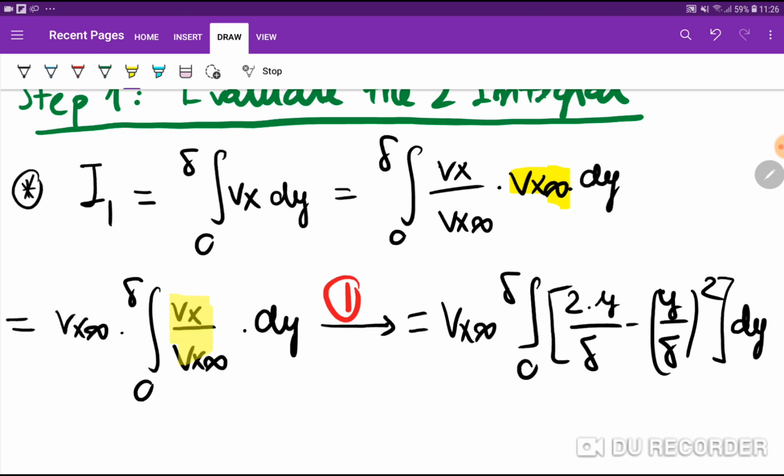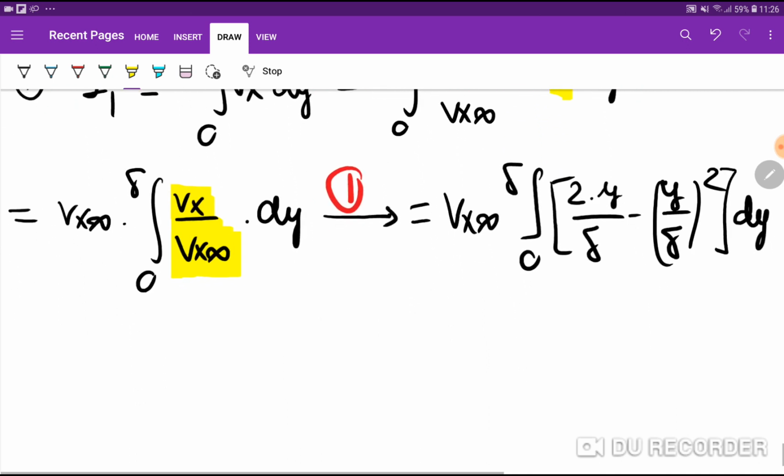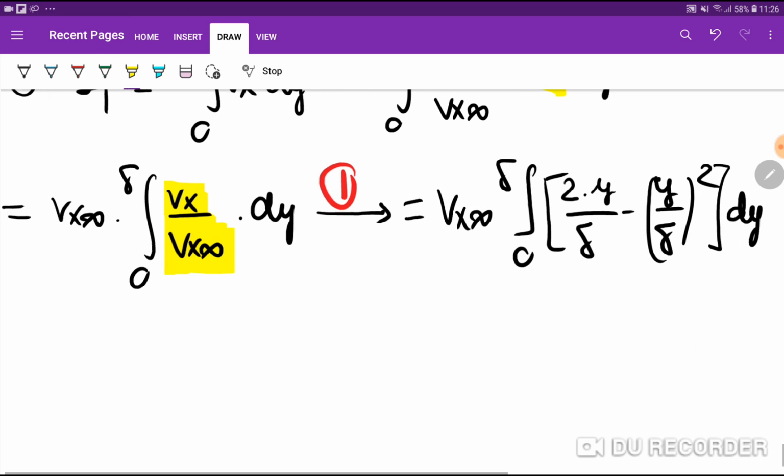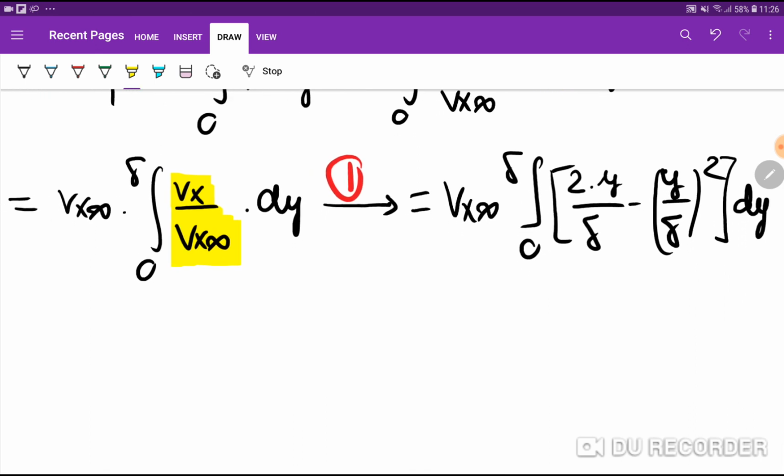Let me highlight this so y'all see what terms are substituted in. Let's evaluate this integral together. Wolfram Mathematica can definitely do this, but I'll show y'all how to do it by hand. Keep in mind this is dy, so y is the variable and the rest is a constant.